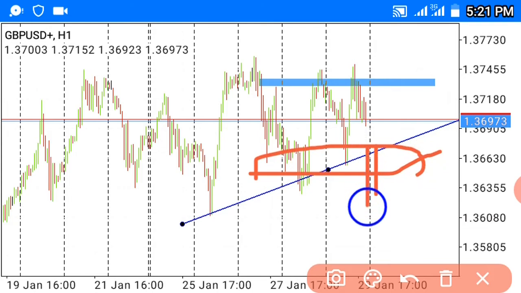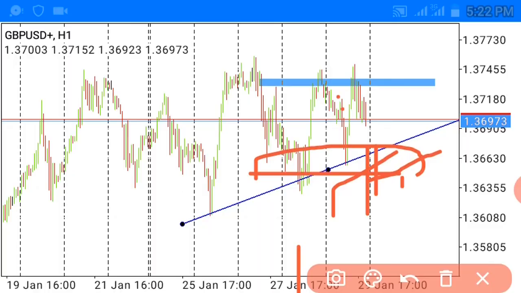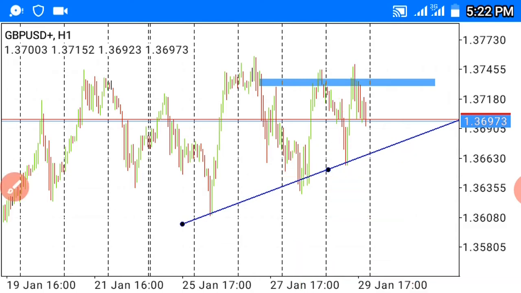So if the market breaks below it and comes back to retest it, we don't look for a retest on the trend line. We look for the retest on support and resistance levels. So it comes back to retest our new resistance. Remember, the support got broken and becomes our resistance. Once it gives us those candlesticks I mentioned earlier, you can look forward to shorting the market. Okay, so let's go to USD CAD.